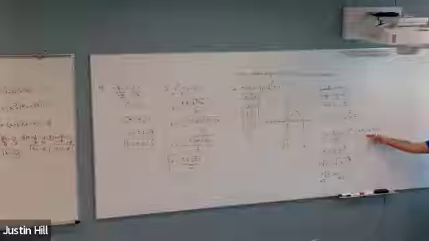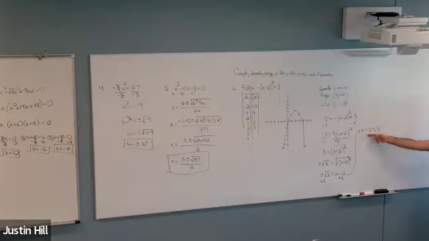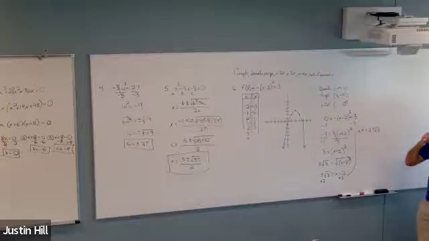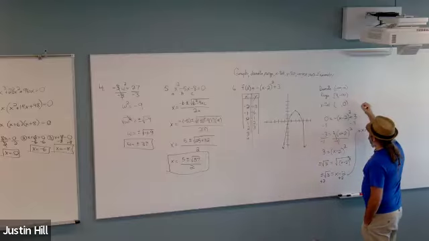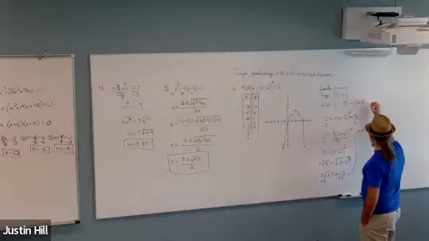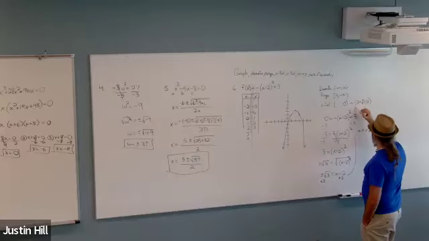Now, this is very close to the final answer, but it's not quite. These are x values, I need x-intercepts. I need these to be ordered pairs. So my x-intercepts are 2 plus the square root of 3 comma 0, and the other one is 2 minus the square root of 3 comma 0.